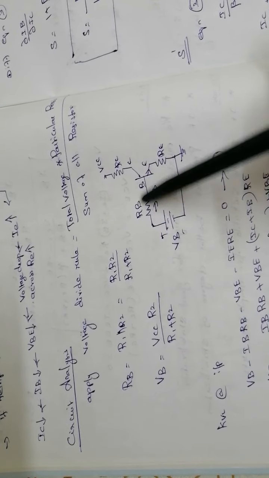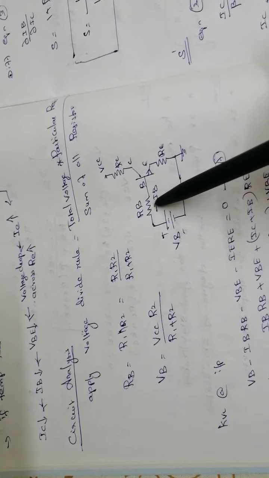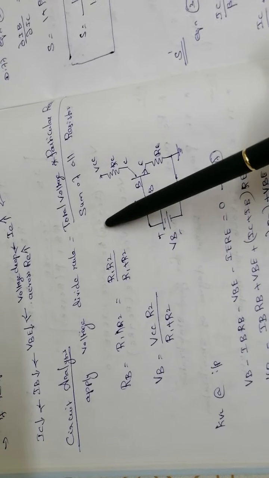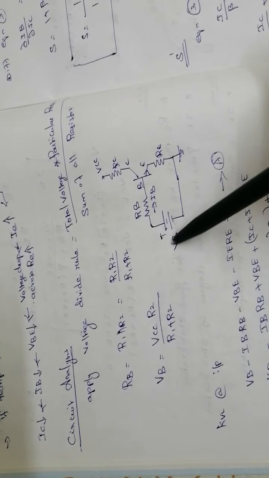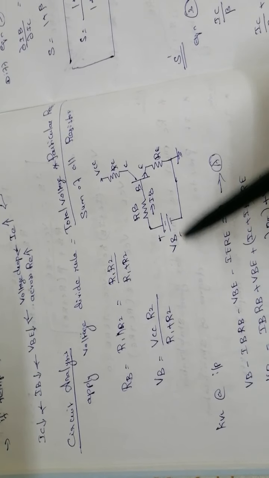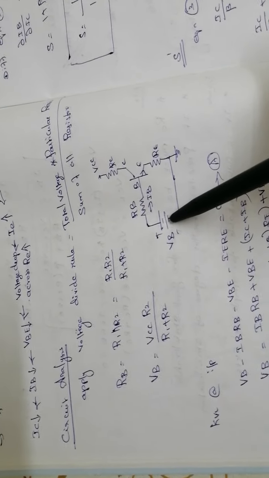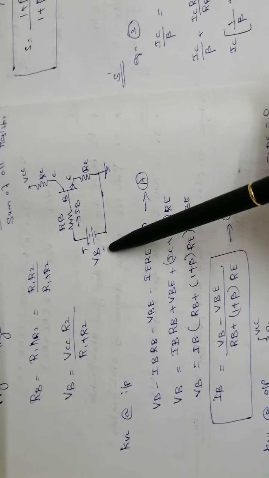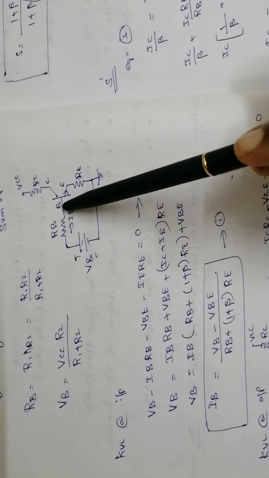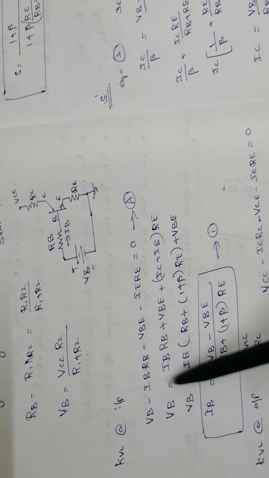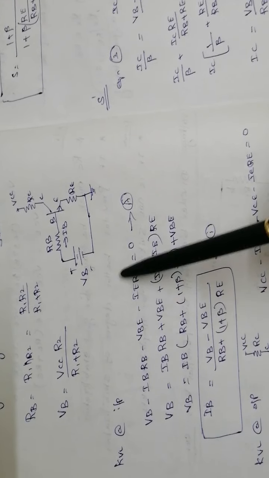Here RB is the parallel combination of R1 and R2. VB is the total power supply voltage VCC times the particular resistor R2 divided by the sum of R1 and R2. Now apply KVL at the input side. VB minus IB RB minus VBE minus IE RE equals 0. So VB equals IB RB plus VBE plus IE RE.